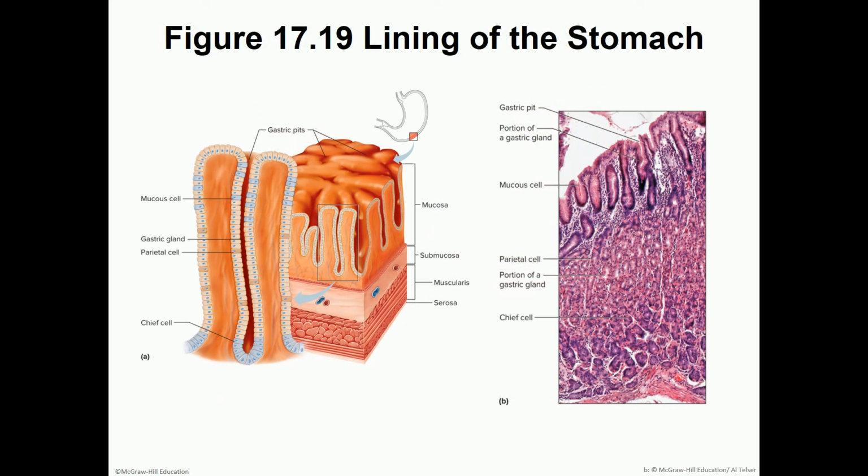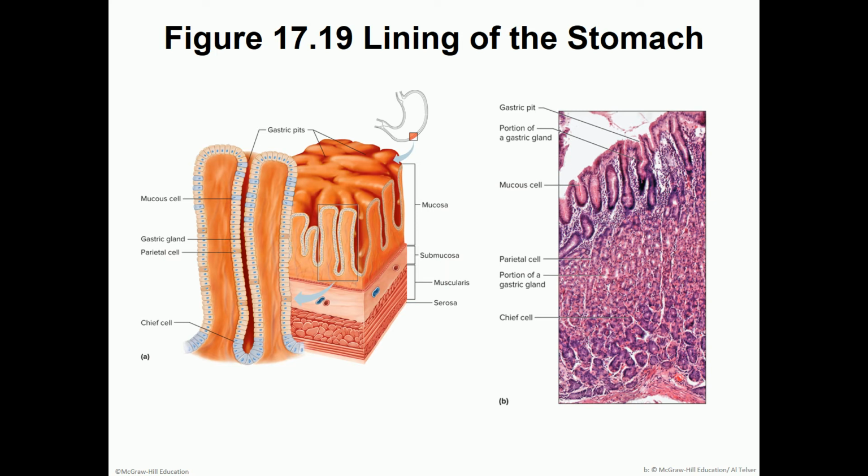This is the lining of the stomach. Remember again, just like any part of the alimentary canal, there's the serosa, the muscularis, the submucosa, and the mucosa. We show the mucosa here because it adapts to the function of the stomach.